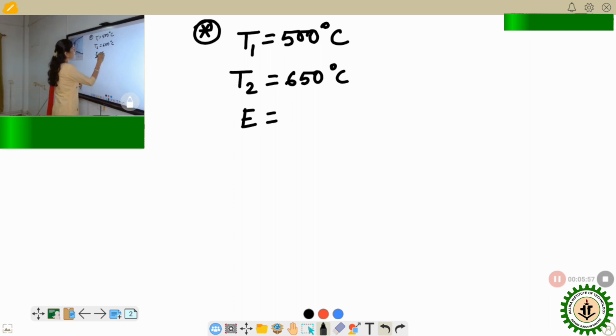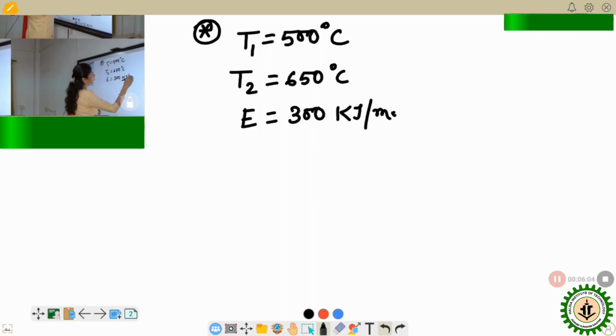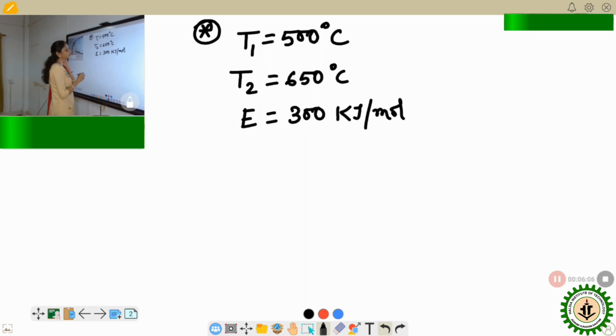The activation energy is given as 300 kilojoule per mole. So what will be the rate? How much faster will the rate be at 650 degrees centigrade than at 500 degrees centigrade?